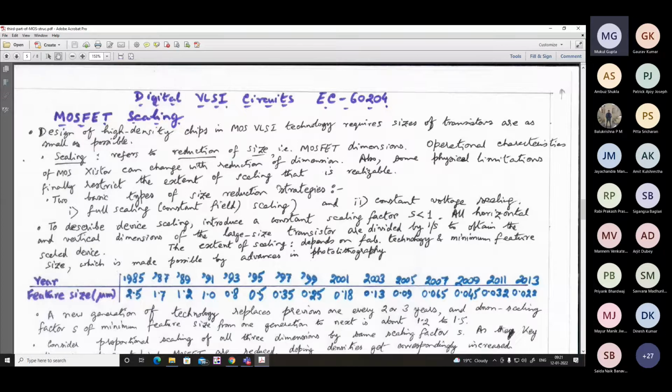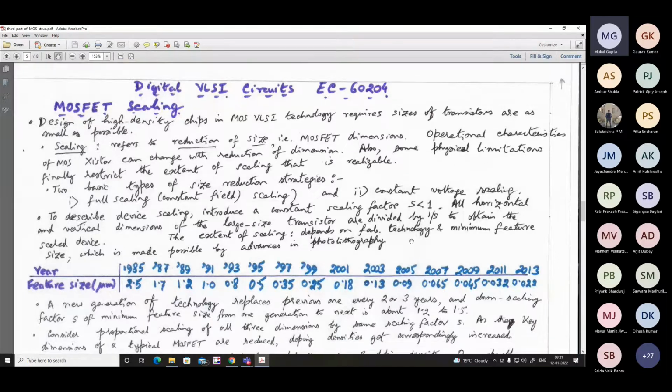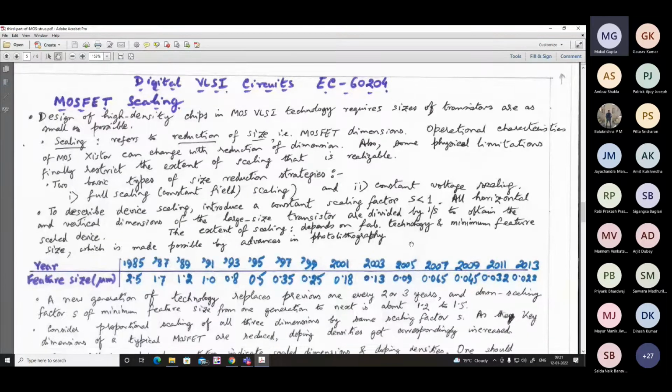To describe device scaling, we introduce a constant scaling factor S, which is less than 1. Actually, what we mean is that all horizontal and vertical dimensions of a large size transistor are divided by 1 by S. Actually, this should be S greater than 1, right? Suppose in 2022 the dimension of a transistor is 1 micrometer by 1 micrometer.